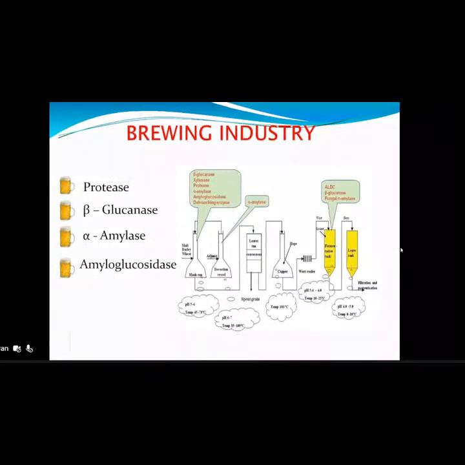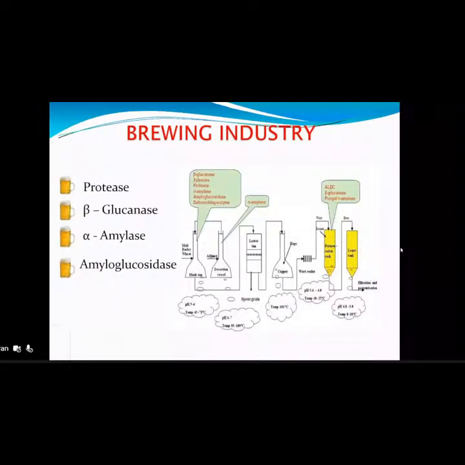Okay, and in the brewing industry, these are the enzymes used: protease, beta glucanase, alpha amylase, and amyloglucosidase. You know the function of the enzymes. Protease is used to break proteins. Glucanase is used for digesting dextrin and dextran compounds.